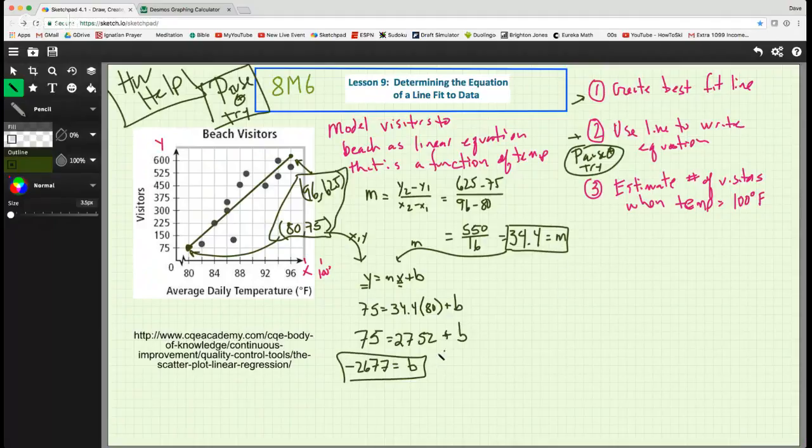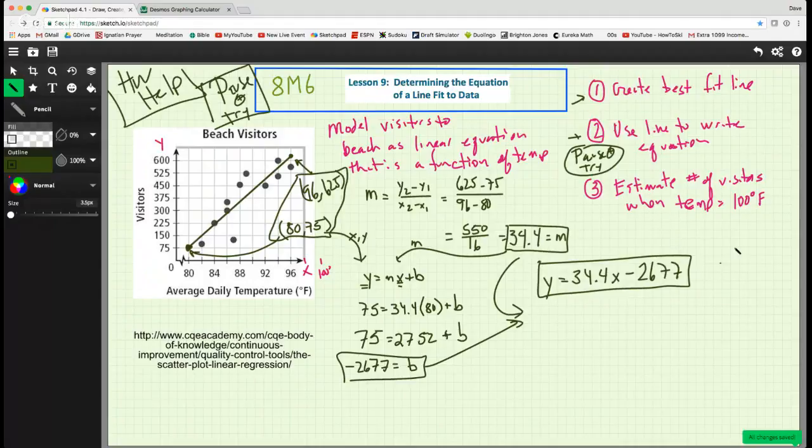So our equation given m and b is y equals 34.4 times x, our temperature in degrees, minus 2677. So now to estimate the number of visitors when the temperature is 100, we just take our 100 and plug it in for x.